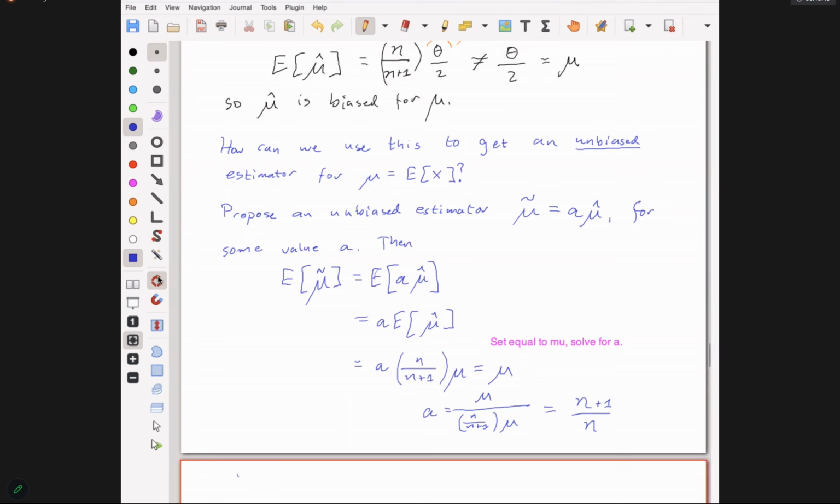So I took the expectation of mu tilde, which is this whole thing, and I set this equal to mu, because I want to find the value of A that makes this equal to mu. Does that make sense so far? I divide by the n over n plus 1 times mu. How do you divide the whole thing? Can you explain more? Because I'm trying to solve for A.